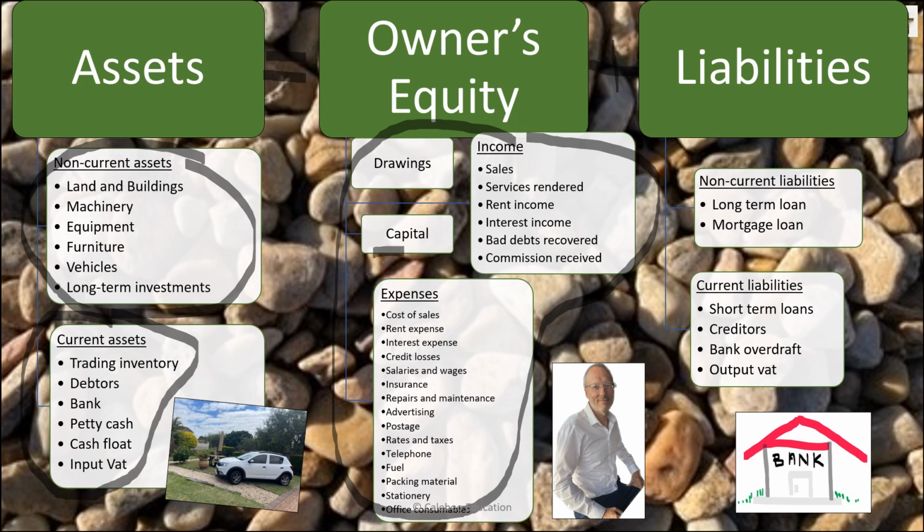consisting of what the owner puts in, what the owner takes out, what the owner earns in income, and the expenses of the business. Remember, we're always looking at this from the business's point of view. The owner's personal transactions at home are separate from the business transactions, but the owner is entitled to the profit and responsible for the loss.